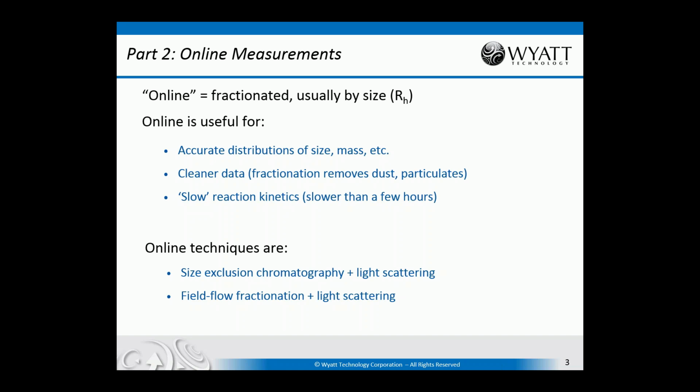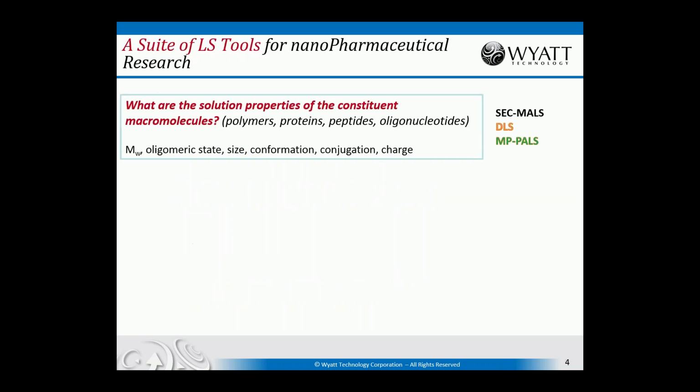The online techniques that are used in the light scattering toolkit include the combination of light scattering detectors with size exclusion chromatography and the combination of light scattering detectors with asymmetric flow field flow fractionation. The reason that we want to apply the light scattering toolkit in research of nanopharmaceuticals is to answer certain analytical questions.